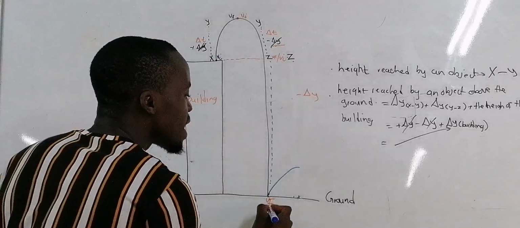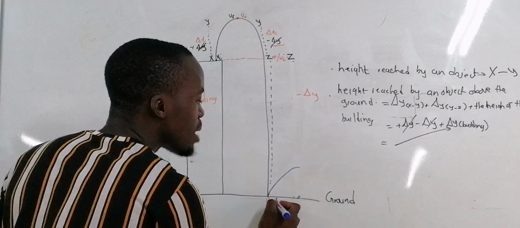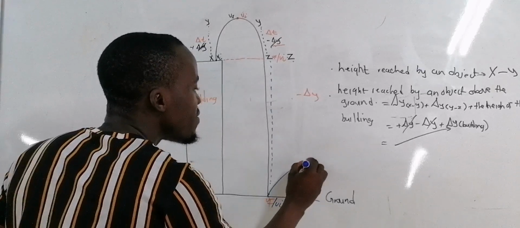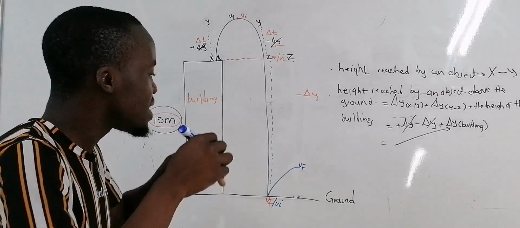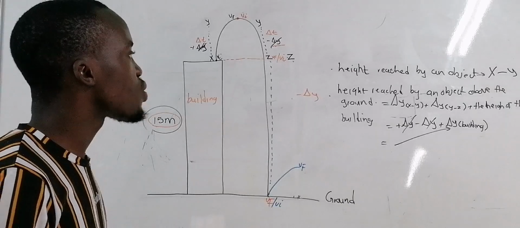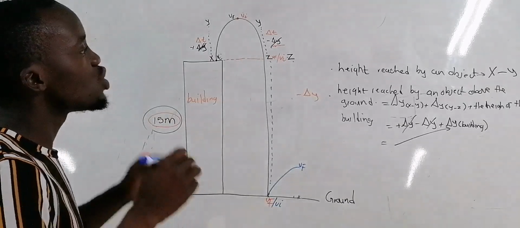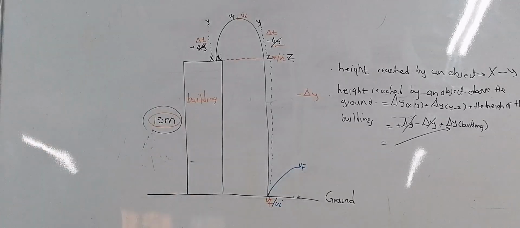So if it immediately leaves the ground, it means that this V final becomes the V initial of the maximum height after it left the ground again. I don't know if you understand that. So this is very, very important, guys. What you know as a final velocity can be known again as the initial velocity.